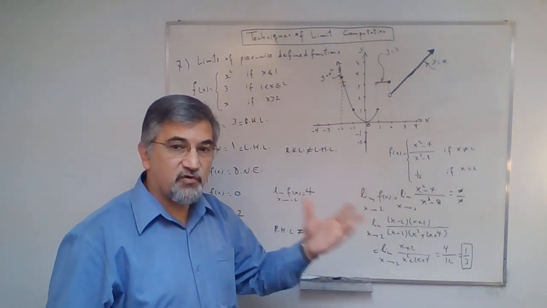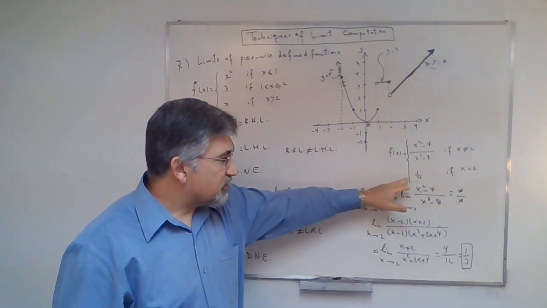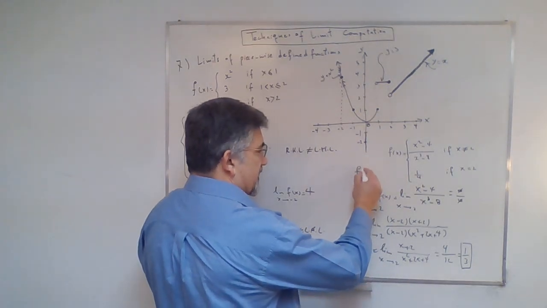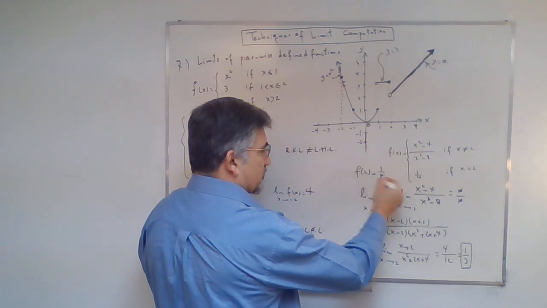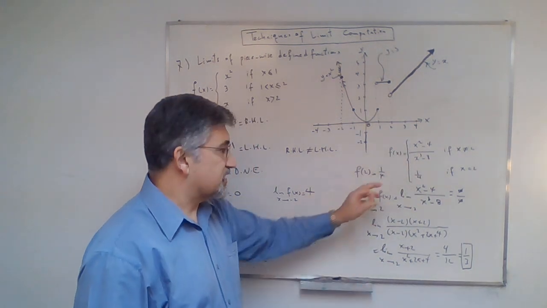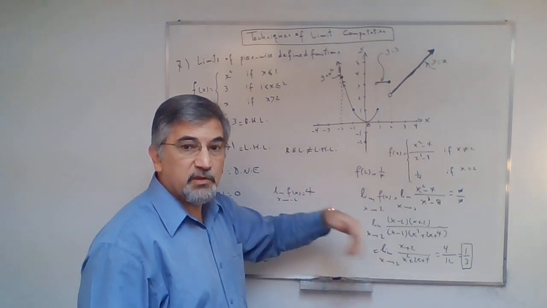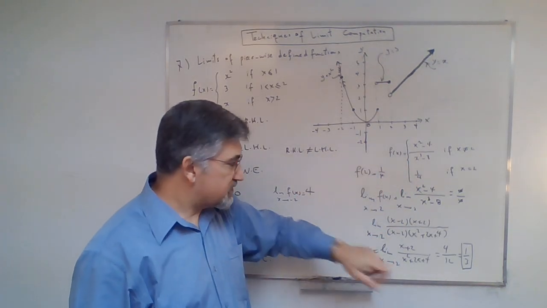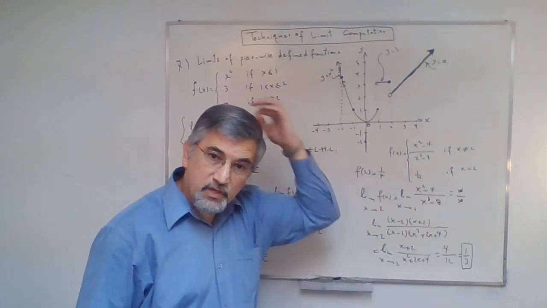Now, it doesn't matter from the right side or left side. It's interesting here to say that f at 2 is equal to 1/4. So the value of the function at x equals 2 is 1 over 4, but the limit of the function when x approaches 2, from the left side or right side, is equal to 1 over 3.